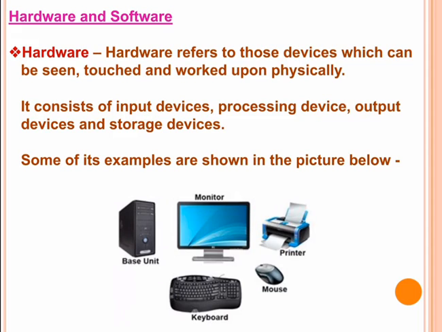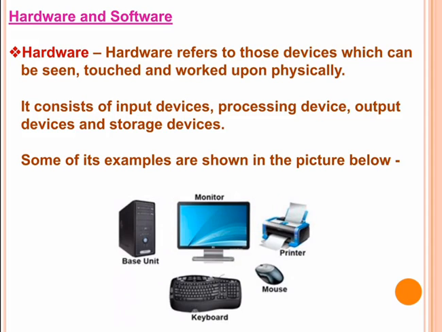Now after storage devices, let's know what is hardware and software. Firstly, let's know about hardware. Hardware refers to those devices which can be seen, touched and worked upon physically. ऐसे devices जिसको कि हम देख सकते हैं, touch कर सकते हैं और उस पर काम कर सकते हैं, they are called hardware.